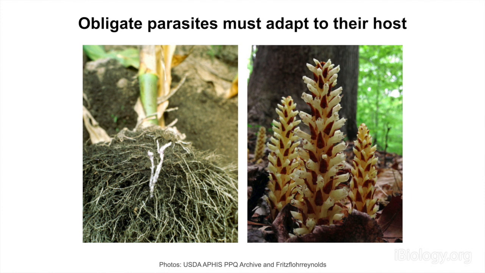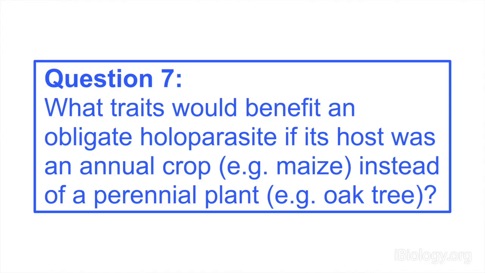But other obligate parasitic plants, like Conopholis on the right, parasitize long-lived hosts like oak trees. So, what adaptations do you think a parasite of annual or short lived hosts would have? And what adaptations do you think a parasite of longer lived hosts might have? Pause for a moment and consider that question.